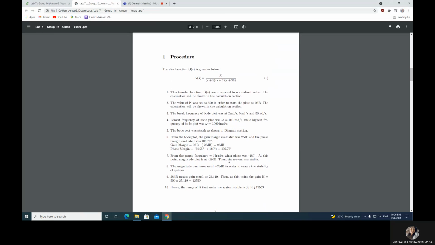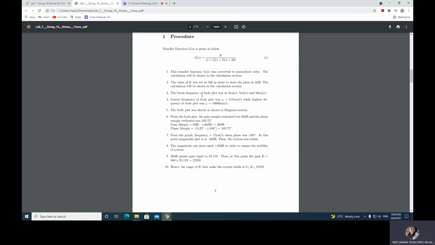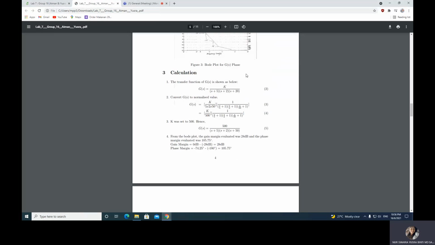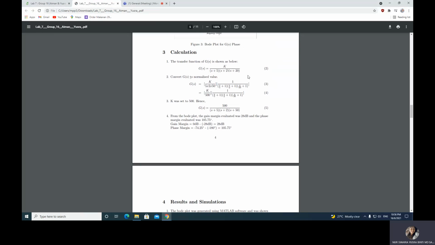We set K at 500 so that we start the Bode plot at 0 dB. This is the calculation that we have done. Basically, we convert the transfer function equation to the normalized form, and then we set K to 500. So this is the equation that we got after that.